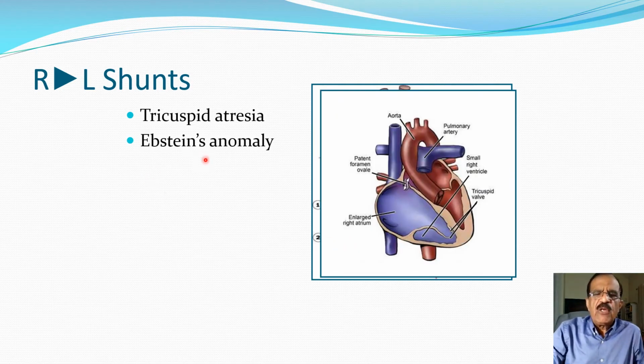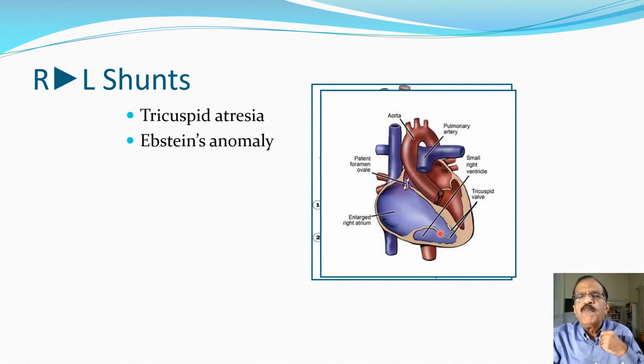Then Ebstein anomaly. In this condition, the tricuspid valve is set at a very low level. So functionally, the right ventricle is very small and does not function properly. So the blood coming to the right ventricle is not being pumped into the pulmonary circulation in enough quantity. So pressure will build up here again. A foramen ovale will allow blood to go to the left side. Again, there will be cyanosis.